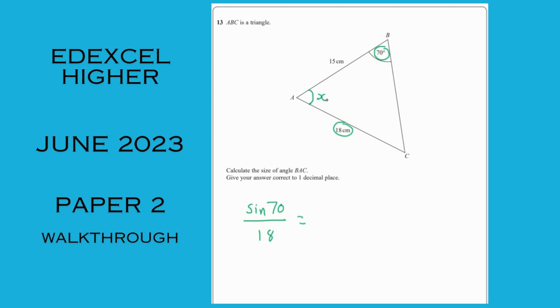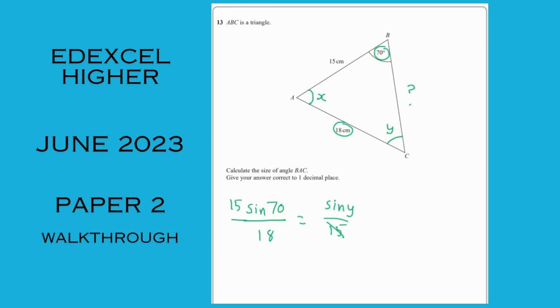Now you could go some long convoluted way about it, but really, if we find Y, we've got angles in a triangle make 180. So let's find Y. So sine of Y over its opposite side of 15. So times both sides by 15.